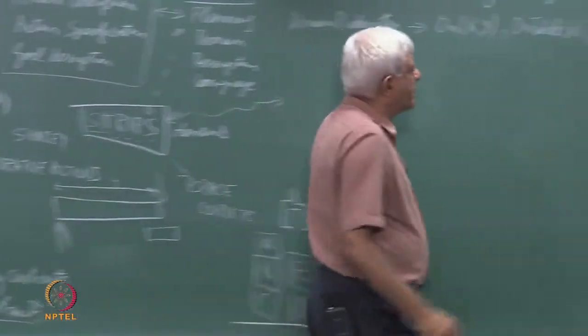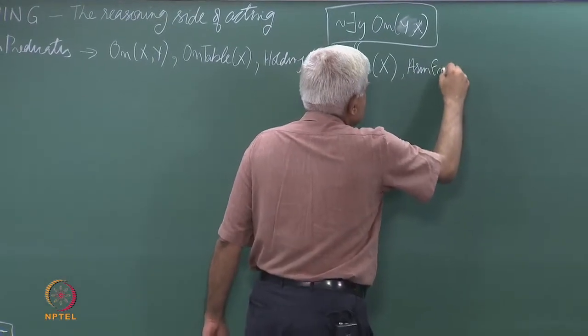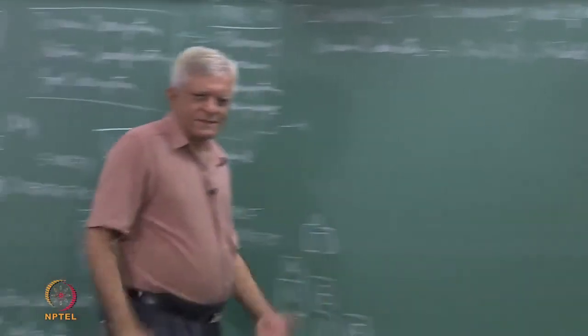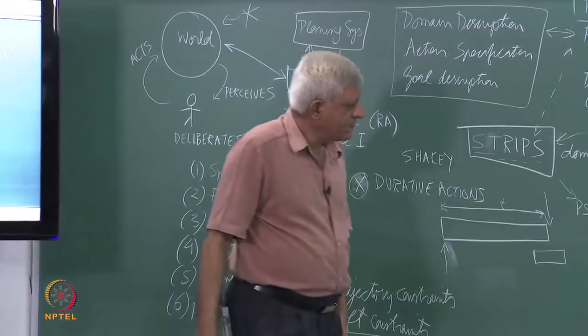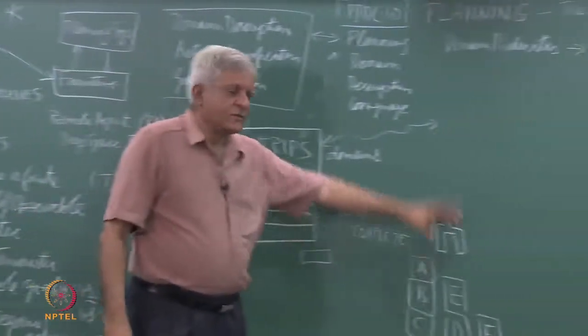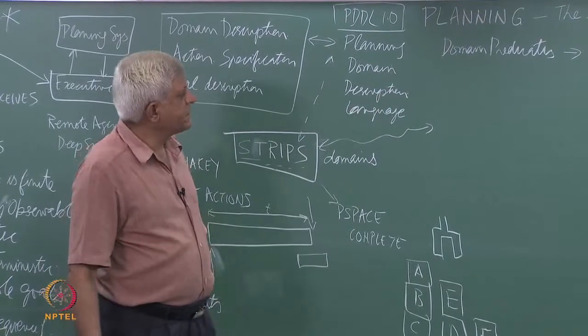I need a predicate for that, which we will call armempty. So, either you are holding something or the arm is empty essentially. So, we can describe this state using these predicates essentially with plugging in values for the variables.